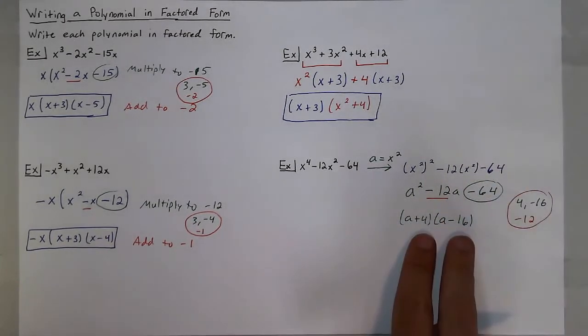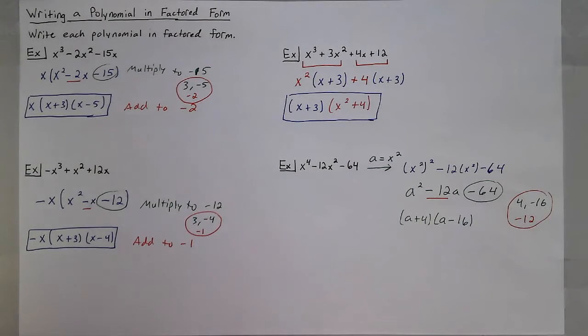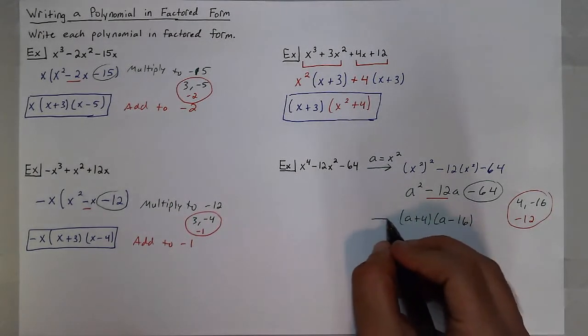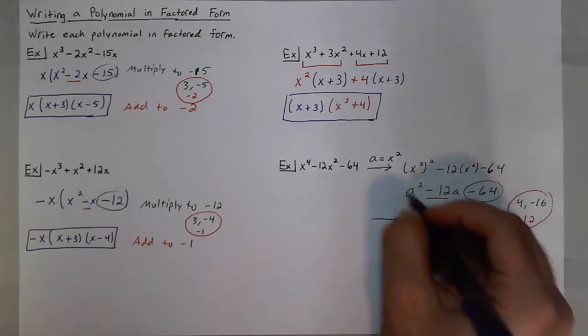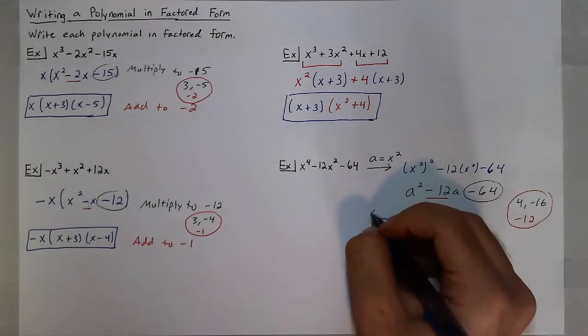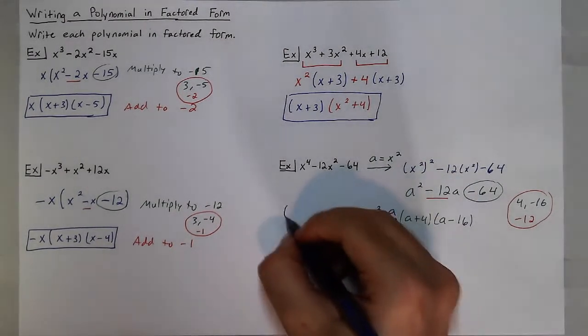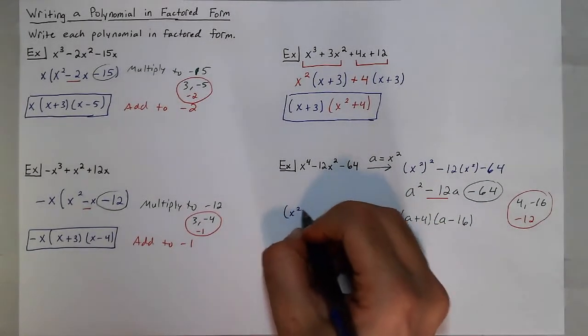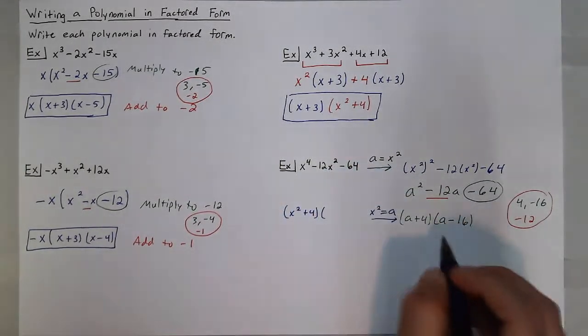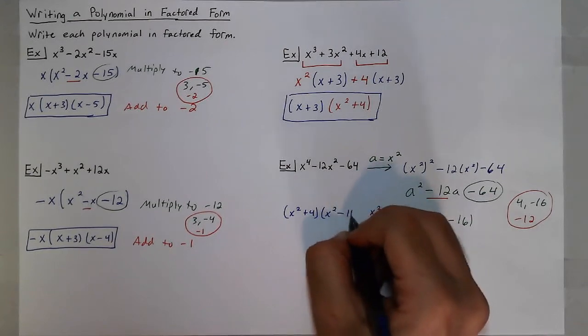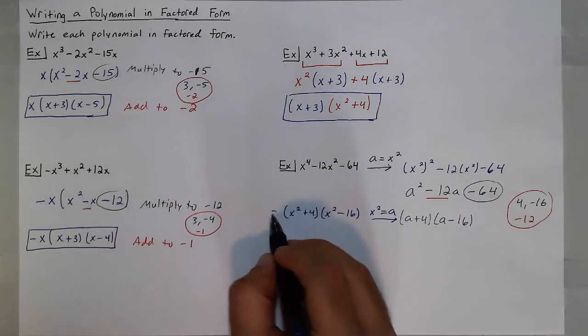So now that it's factored, I know that a is equal to x squared, so I can put the x squared back in for a, and that'll give me x squared plus 4 times x squared minus 16. So that's one way I could have factored that expression.